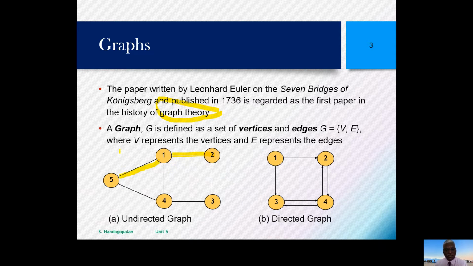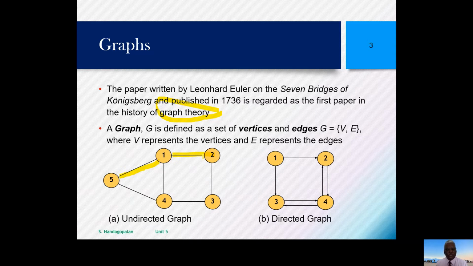So this is called an undirected graph because each edge does not have any kind of direction. That means it's something like two-way. If you make an analogy of the graph, like in TSP, as I mentioned earlier, each vertex may represent a city and edges may represent roads.